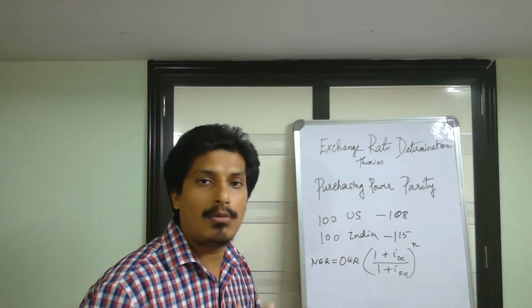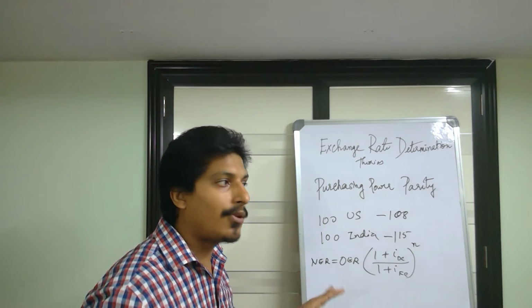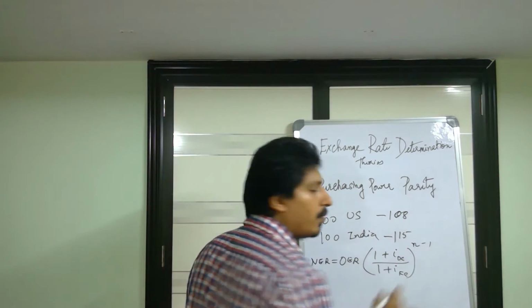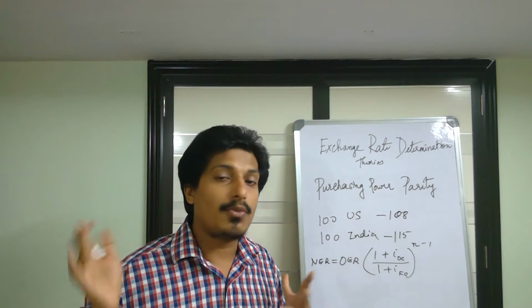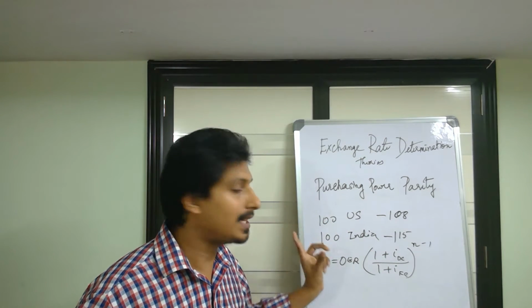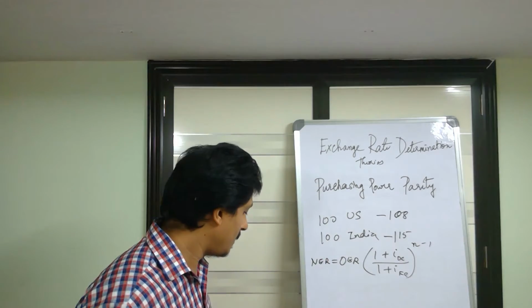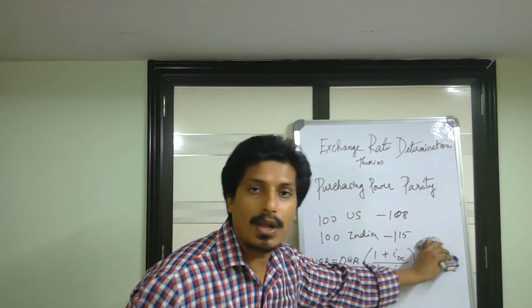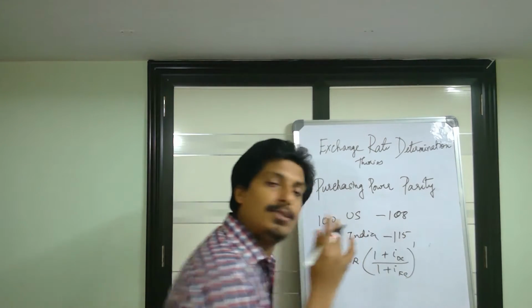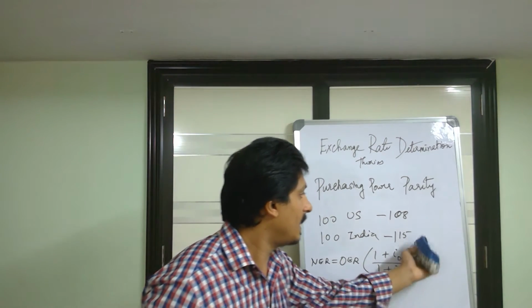If you are calculating the exchange rate based on the inflation for a period of 1 year, then n will be 1. So whatever calculations we had made in the previous example, assume that it was for a period of 1 year, because we have not used anything there. If it's a period of 1 year, then it means 1, so it doesn't matter.